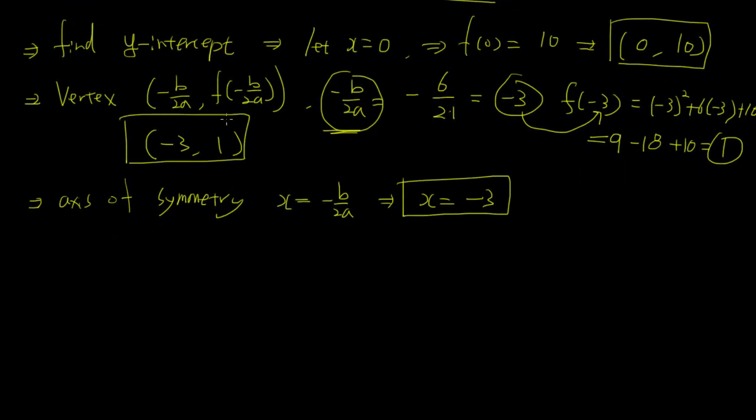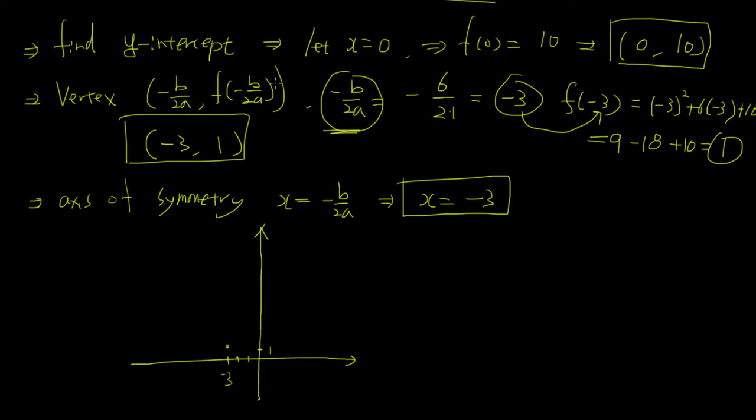And we have the y-intercept like this, we have the vertex like this. So let's start from the vertex. X equals negative 3, y equals 1. So start from that point.